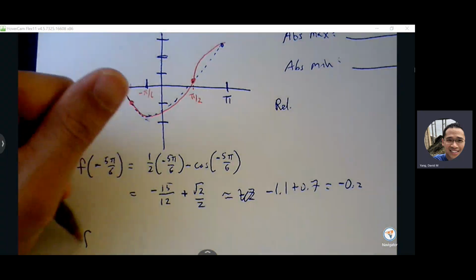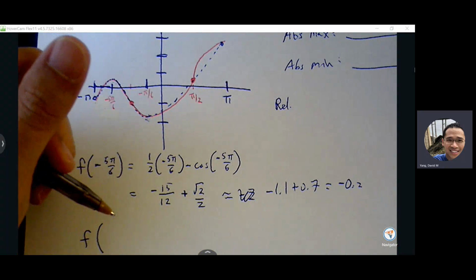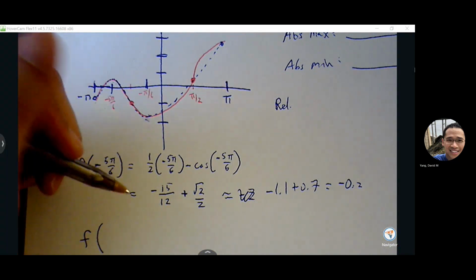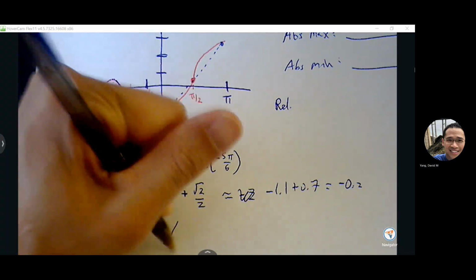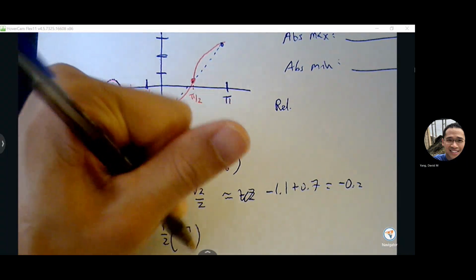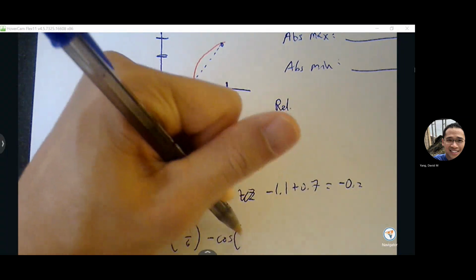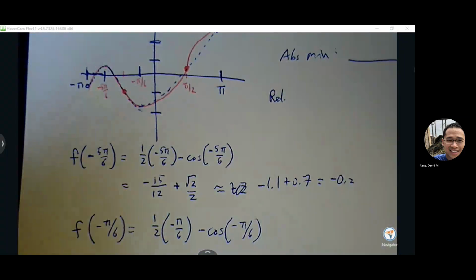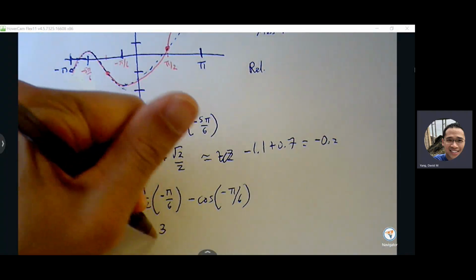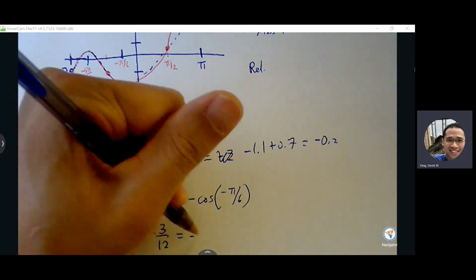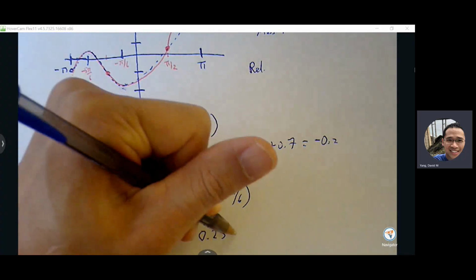Let's see what happens if I do f of negative pi over 6 back into the original function. So this is negative 3 over 12, which is like negative 1/4, negative 0.25.